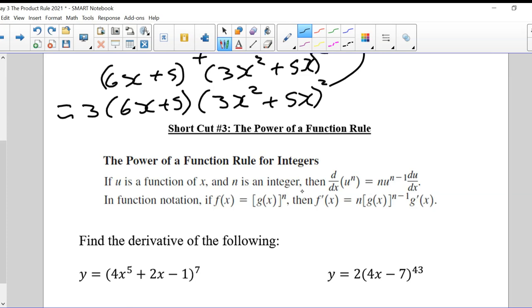If u is a function of x and n is an integer, so u to the power of n, then I'm going to have n times u to the power of n minus 1 times du dx. I'm going to take the derivative of the u and multiply by the exponent times the u to the power of n minus 1.